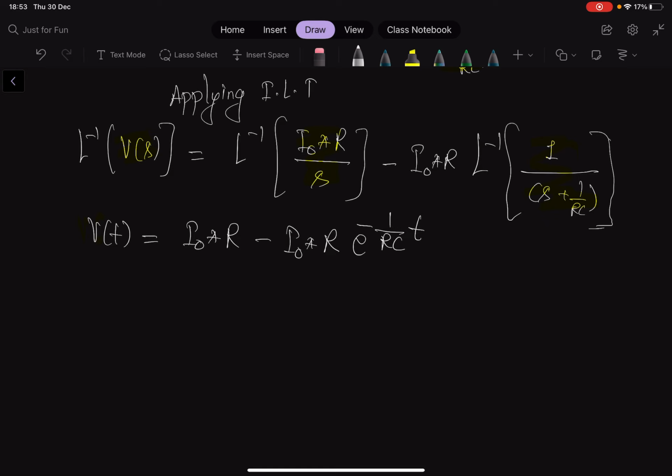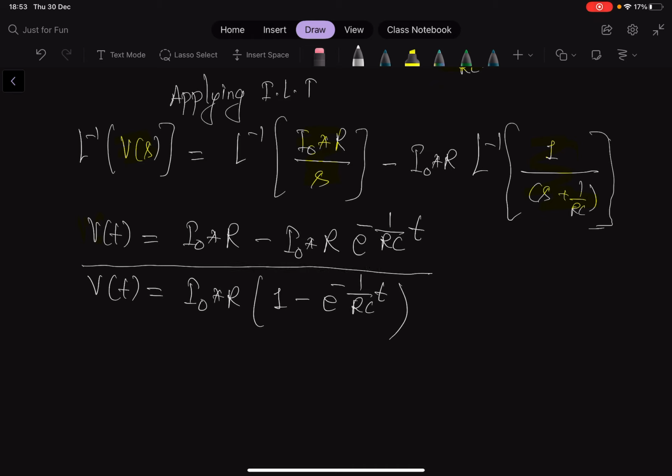Furthermore, I can take I naught times R common, and I'll get 1 minus e to the minus 1 over RC times t. And that is my solution of voltage.